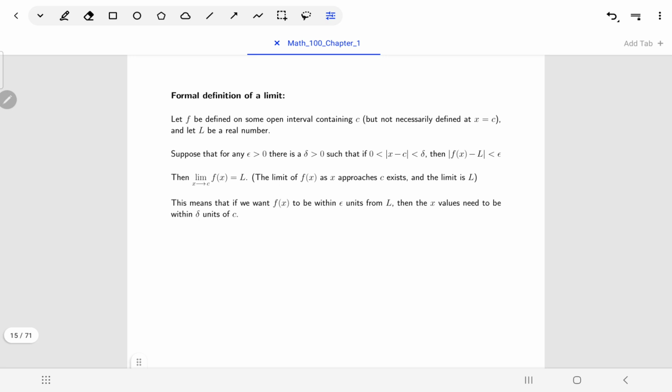We don't really care what's happening at c, but the function is defined on the values around c. So we definitely have some function on the left and some function on the right. When we say an open interval containing c, c is not one of the endpoints. c is somewhere in the middle, and so there is stuff on the left and there is stuff on the right.